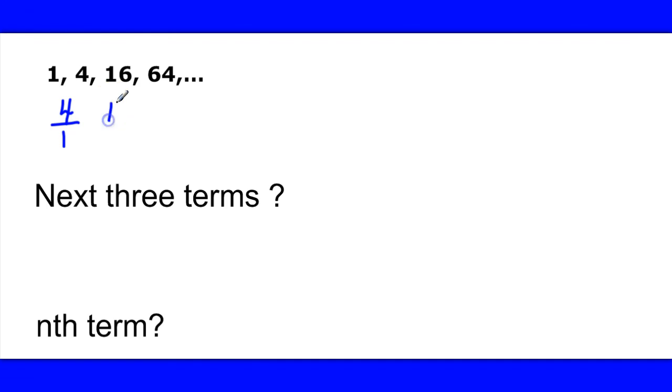Then take the third term, divide it by the second term. Take the fourth term, divide it by the third term. Those all equal the same thing. That's all 4. So my common ratio here is 4.